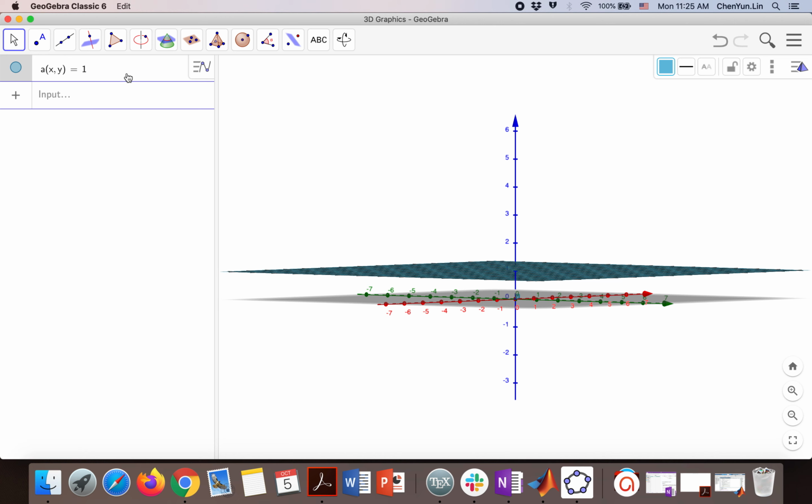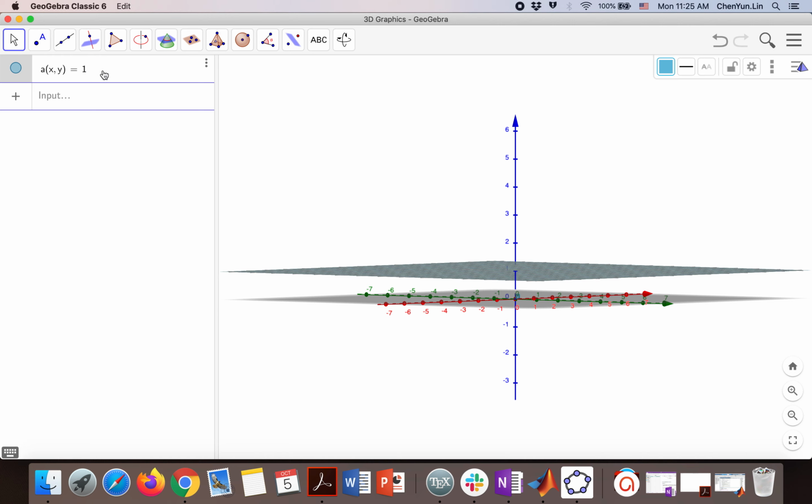You're going to have to use your imagination to think that for a function of 3 variables, the graph is something sitting in a 4-dimensional space, like R4, if you will.